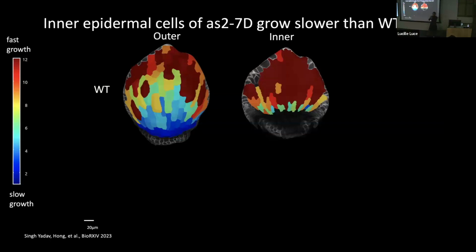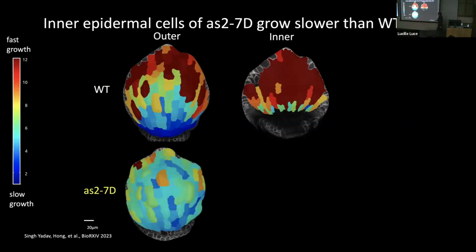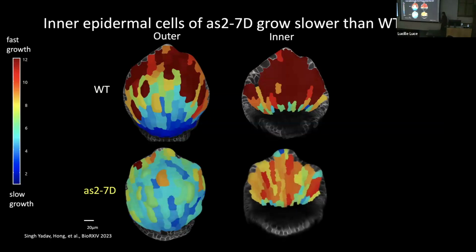What happens is that the sepal starts out very, very curved, and it needs to grow faster on the inside to flatten out a bit. If we look at our AS2-7D mutant, it's got a more even growth pattern everywhere on the outer surface and also on the inner surface. It is still faster on the inner surface in this light. So it wasn't quite what we were expecting based on our model, but hold on.